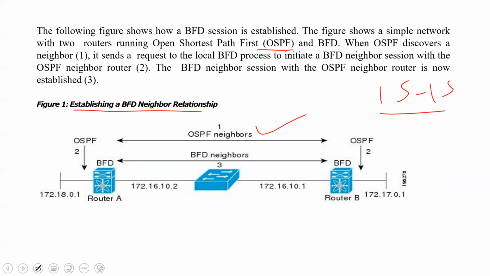So you have your OSPF neighbors, they are up and running. And then once you configure BFD inside OSPF, BFD will start working between the peers. Correct? Now, what will happen if there is a failure?